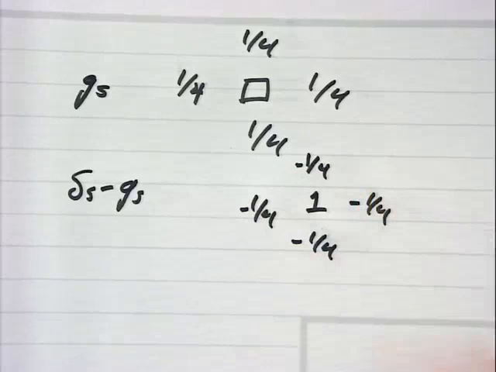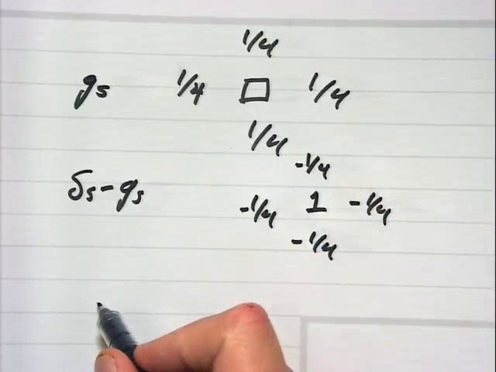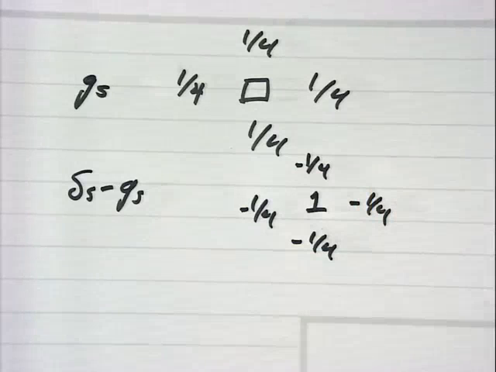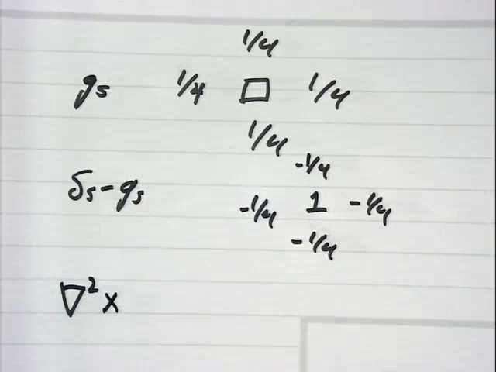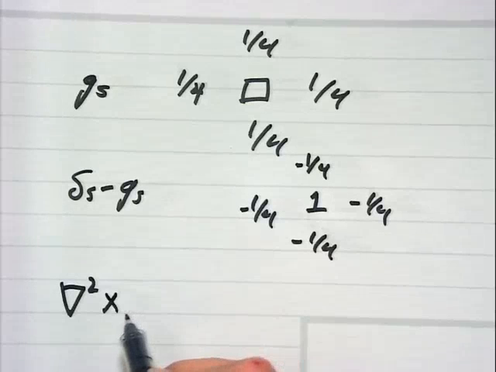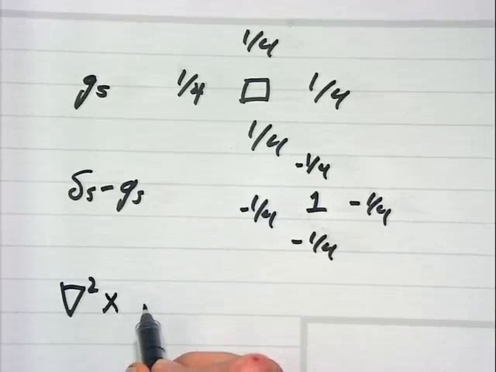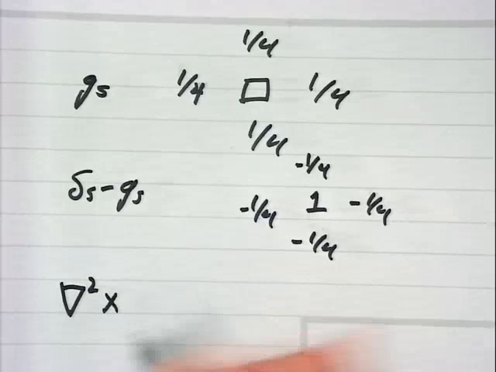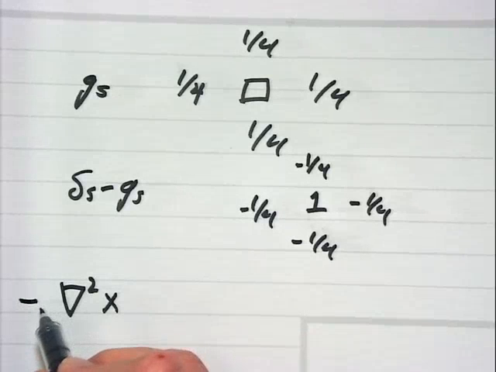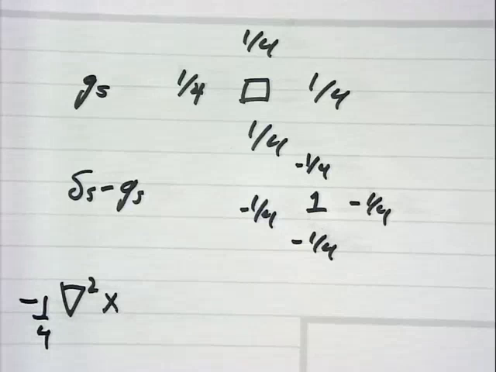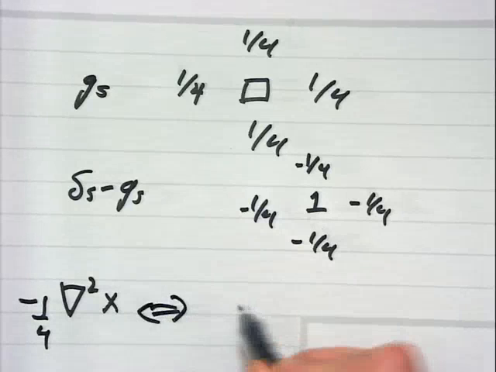If you took 637, you may recall that if you take the Laplacian of a function, let's call it x, in 2 dimensions, that really is equivalent to, if you take minus 1/4 or something, the Laplacian, you get exactly the same operator.